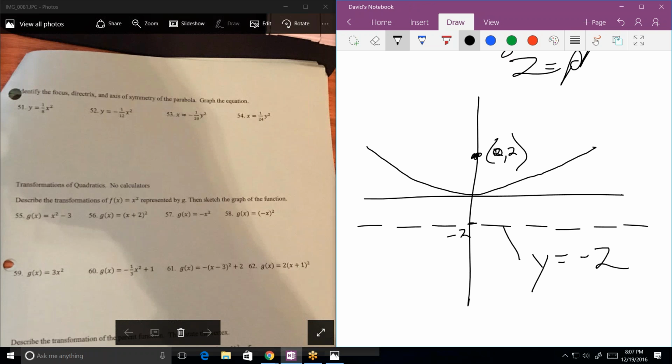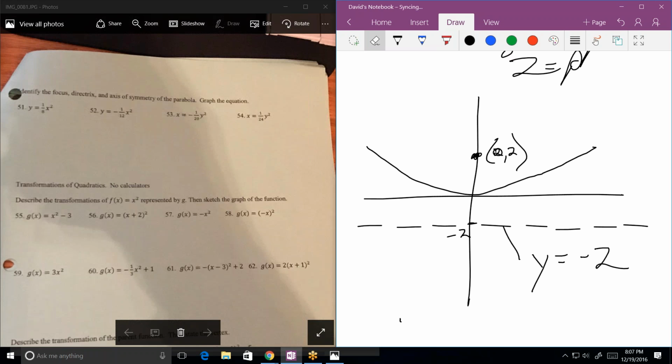Horizontal lines are y equals some number. Vertical lines are x equals a number, like x equals -5. That's all you have to remember: horizontal lines are y equals something, and vertical lines are x equals something.